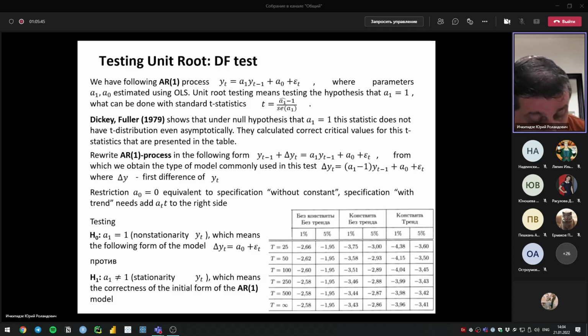When is a specification without a trend, without a constant used, and when is a specification with a trend used? If, considering H0, for some reason we have motives to believe that the original tested model should have a theoretical constraint a0 equals 0, then we use the version without a constant, without a trend.